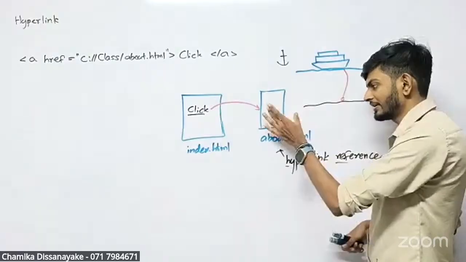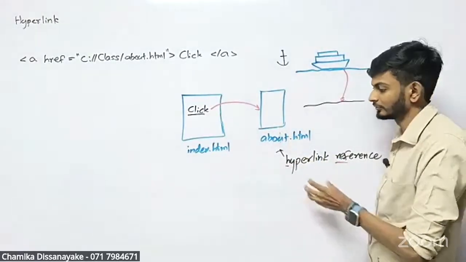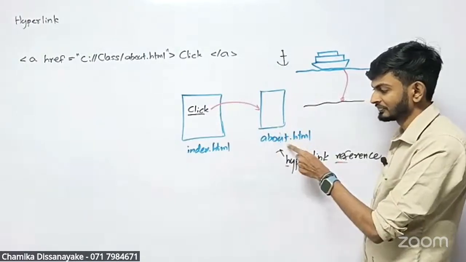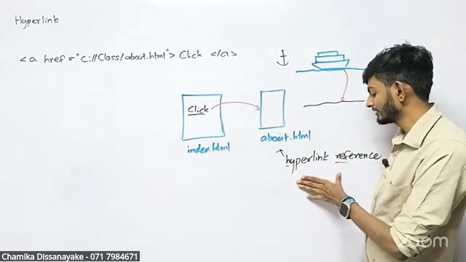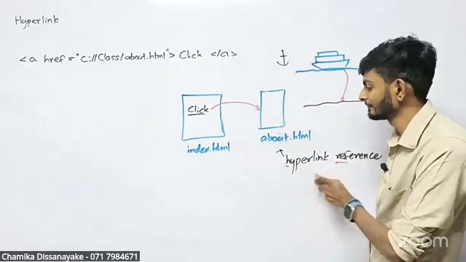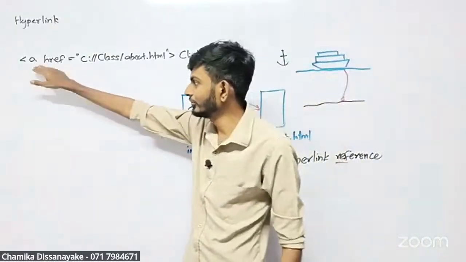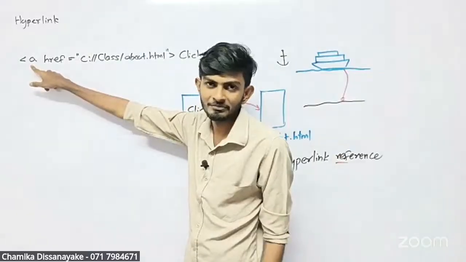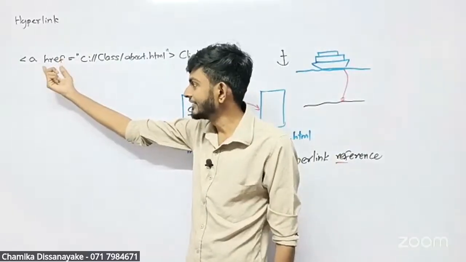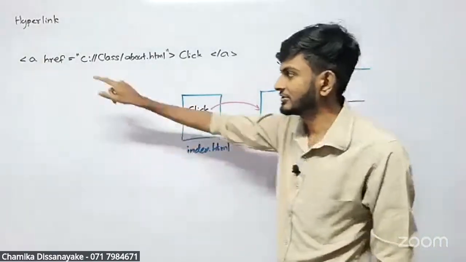The address of this web page, which means the URL, we call the hyperlink reference. So that's how we include the anchor tag. We have A for anchor, and then href for hyperlink reference. This href is an attribute.